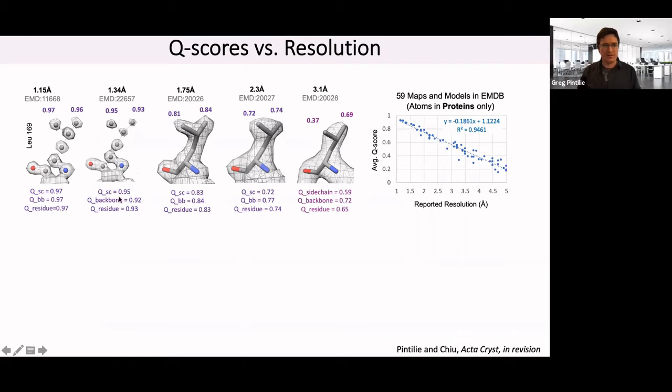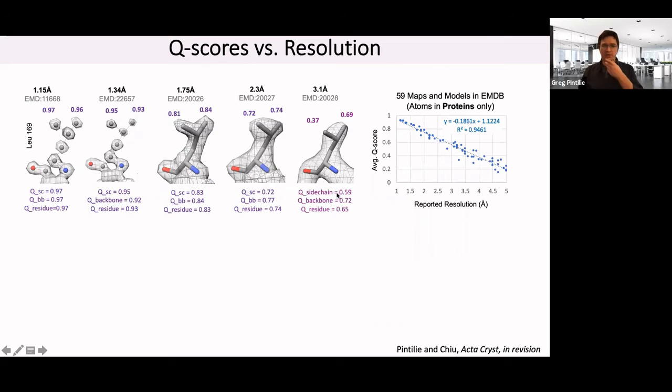One thing we see that's interesting is that we can calculate Q-scores for side chain atoms, backbone atoms, or for the entire residue. Somewhat interestingly, the backbone Q-scores drop off a little bit more slowly. So at this low resolution, the Q-scores for the backbone atoms are higher than the side chains, whereas at these very high resolutions, the side chains are just as well resolved.